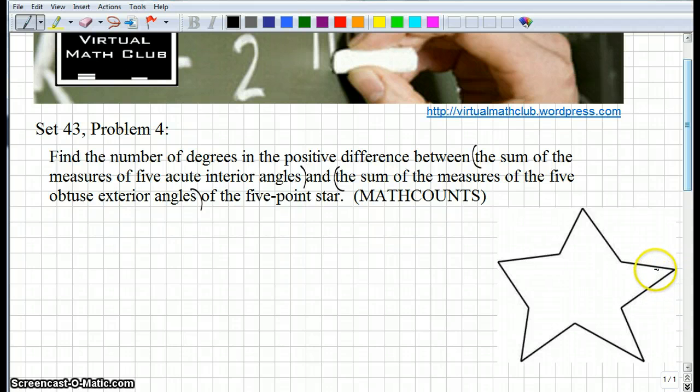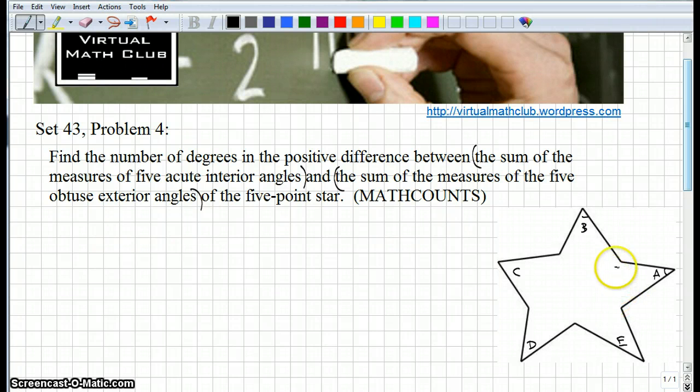So let's label them. Let's call this angle A, and this one B, C, D, and E. Those are the 5 acute interior angles. All right, and the 5 obtuse exterior angles then are what?